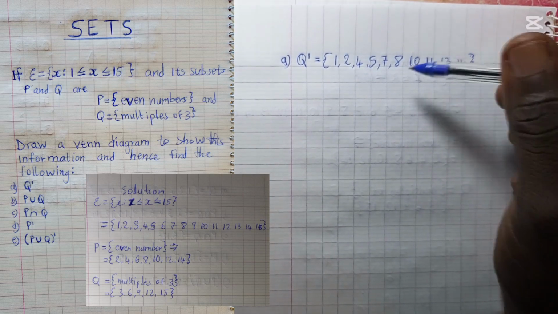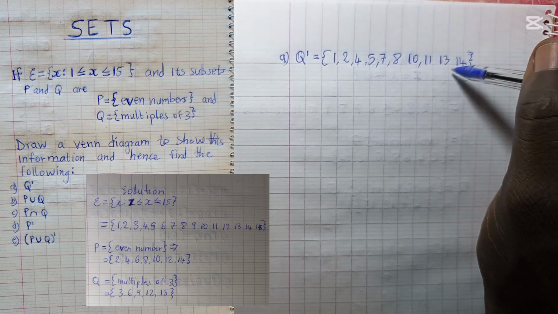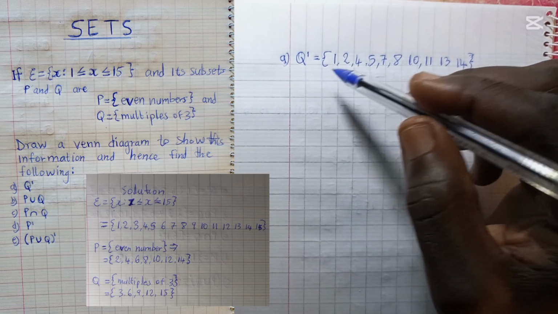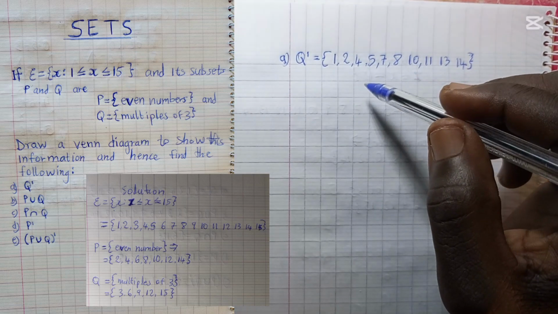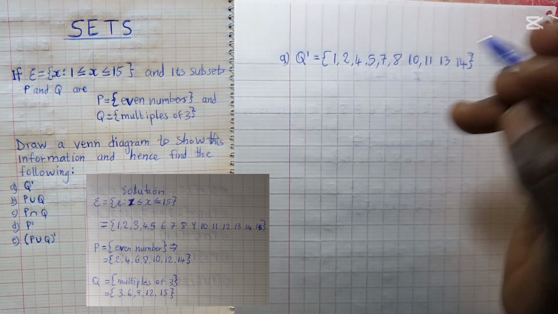So these are all the elements in the universal set that are not in set Q. We call them the complement of set Q.